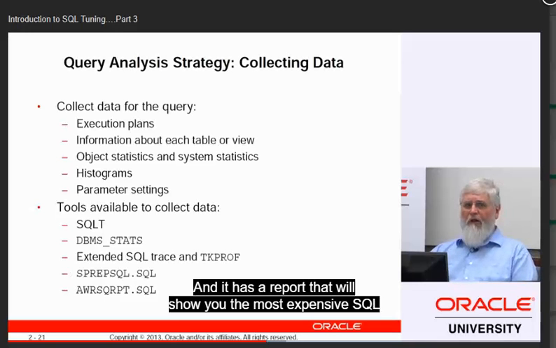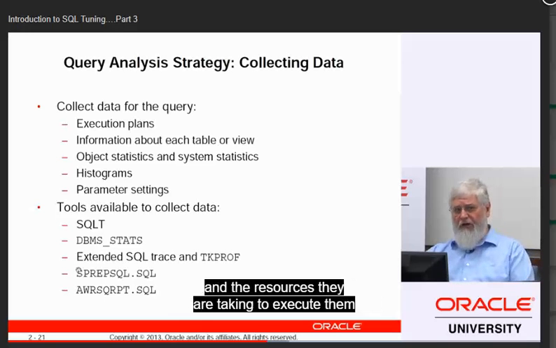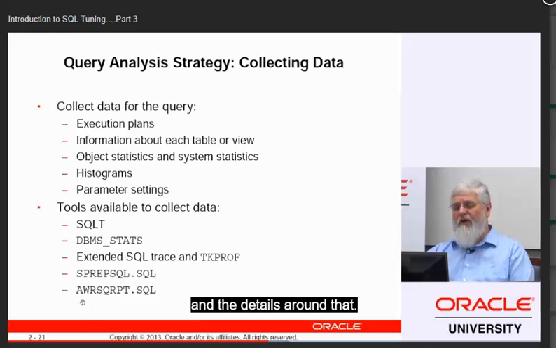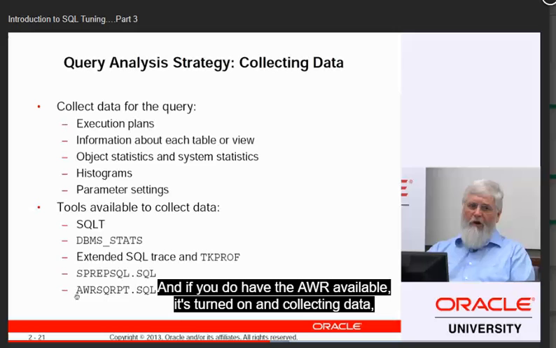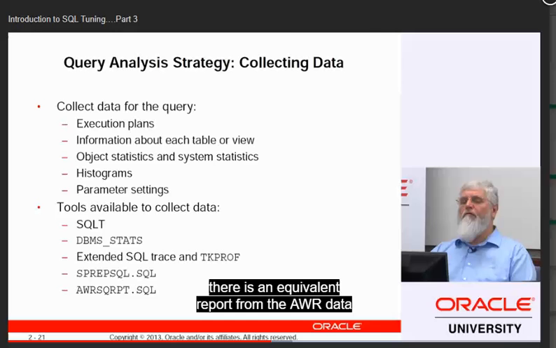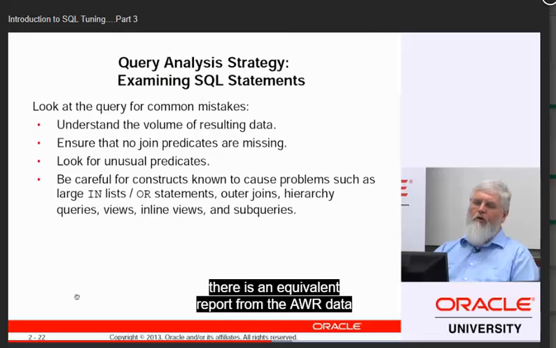And if you do have the AWR available, it's turned on and collecting data, there's an equivalent report from the AWR data that gives you similar information about a particular SQL statement or a group of statements.